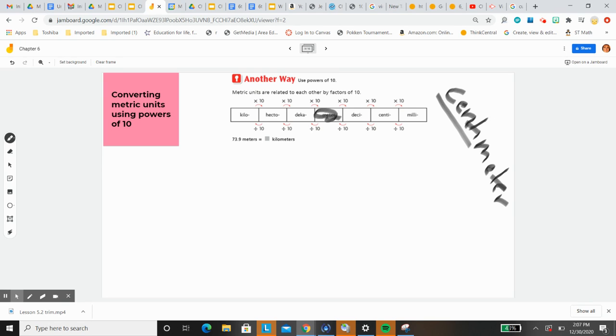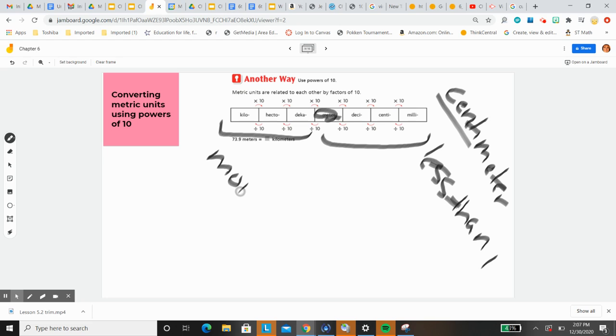Okay, so everything on this side is less than 1. Everything on this side is more than 1. So if I have a deciliter, that's actually 10 meters, okay? And this might be really hard to understand, but the beauty of the metric system is it's based on tens. Everything we multiply or divide by is based on 10.